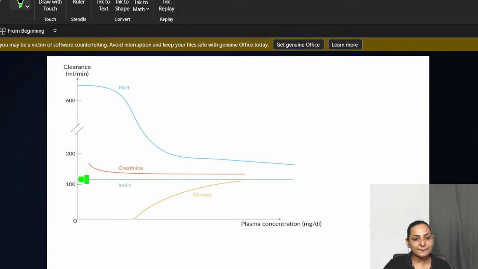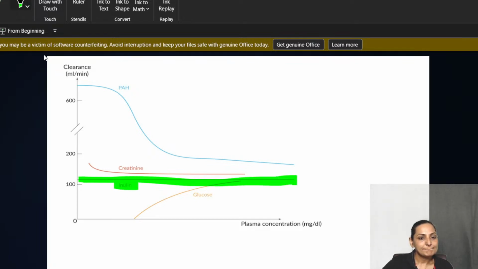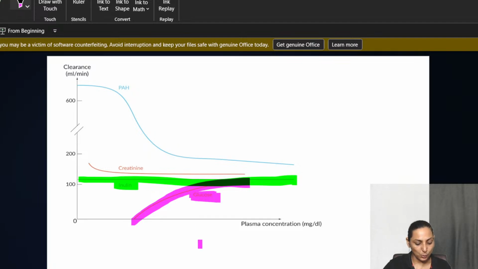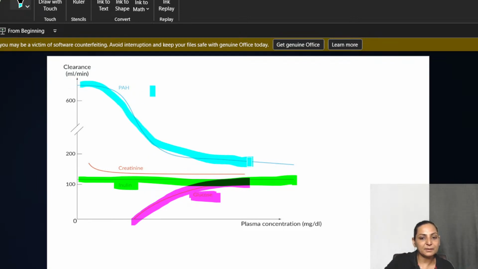You can see that this horizontal line indicates inulin, an increase in the clearance is glucose, and a decrease in the clearance is with PAH, that is para-aminohippuric acid.